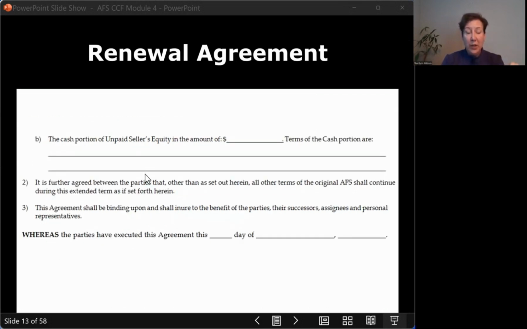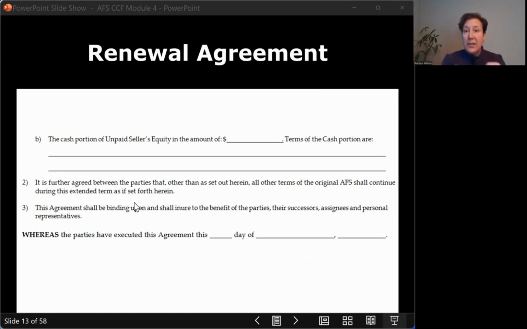Now, this is the important part. The cash portion of the unpaid seller's equity in the amount of the total amount still owing. Terms of the cash portion are, and here's where you would put in whether it's all to stay until the title transfers. You would write that in. Again, if that's the term that's staying, or if there are any payments to be made, you would list all of those.